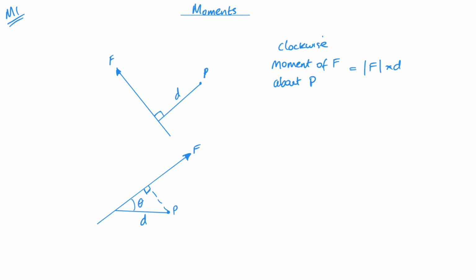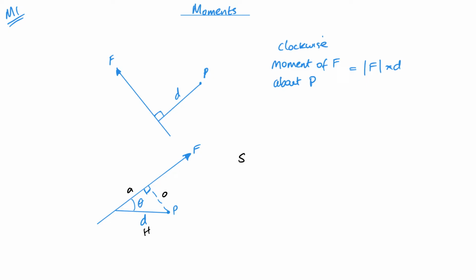Now remember, this is still currently D. And if I want this distance here, I need to think of this as, well, Pythagoras, trigonometry, isn't it? Opposite. This is the hypotenuse, this is the adjacent.